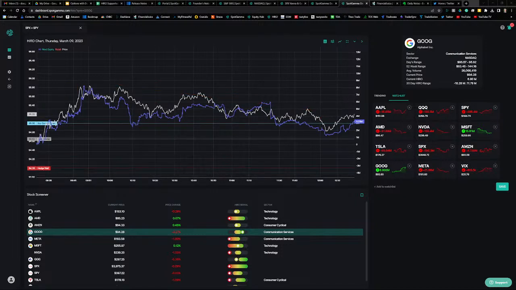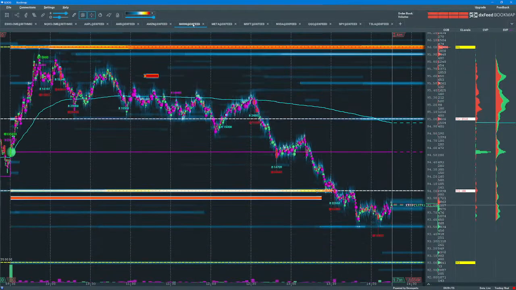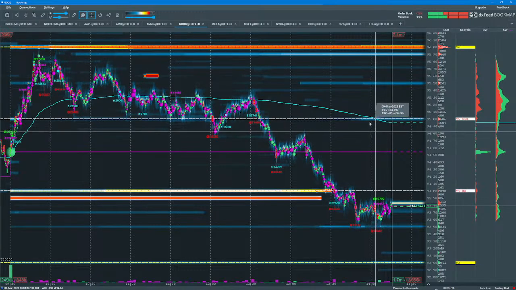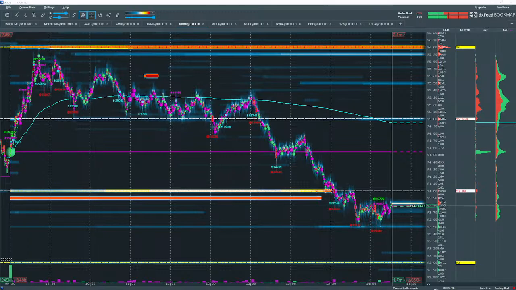Let's go take a look at Bookmap again. Take a look at Google. Sharp up movement in the morning, didn't last long, and then price has been moving lower. Again, both the key gamma strike and the hedge wall in play. And notice the liquidity there at the 94 hedge wall, and then the liquidity at about 93.90 was pulled.